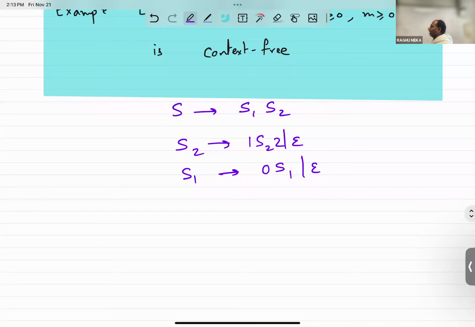Right? So now I'm making sure that every time I generate a 1, I also generate a 2. So the same number of 1s are generated as 2s. And the number of zeros is completely independent of it. Okay? Good. We have two other languages which are context-free. Let's keep that in mind. Okay?